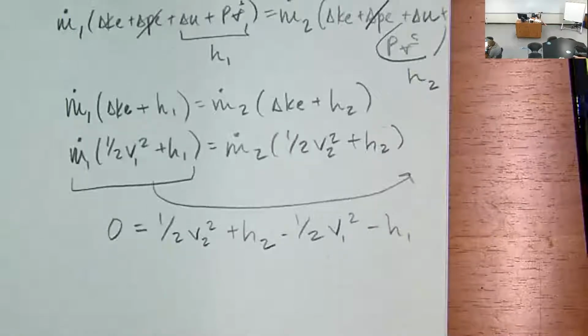Velocity change is negative. So velocity 2 is negligible, which I will do in just a second.